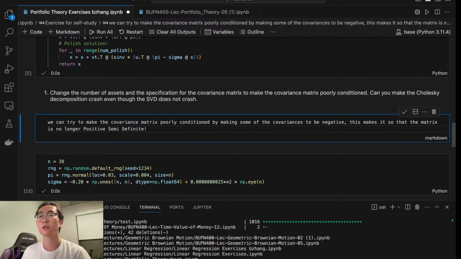Cholesky. Positive definites. So what does positive definite matrix mean? Positive definite matrix.